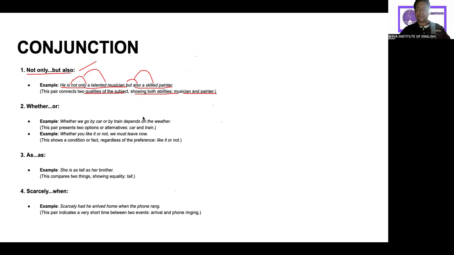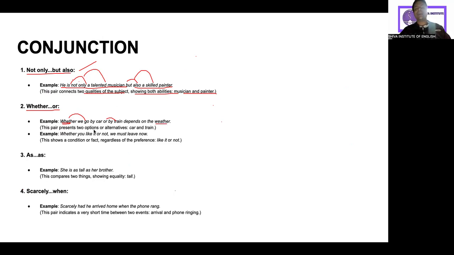Got my point? So next is whether...or. For whether...or, we can say: whether we go by car or by train depends on the weather.